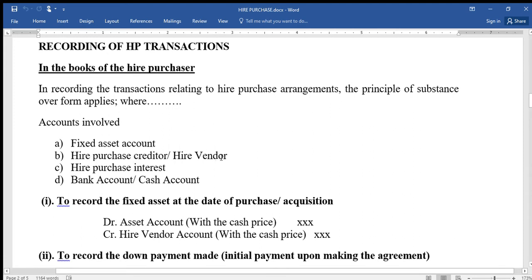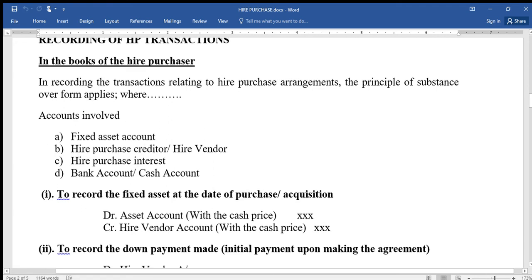Then you are paying interest by the fact that you're buying the asset on hire purchase, so we shall have the hire purchase interest account. And then you are paying installments and down payments, either by cash or by bank, so we shall have the bank account or the cash account.